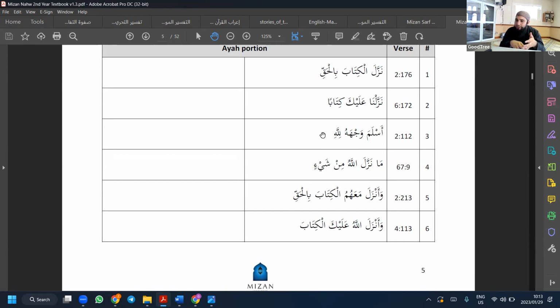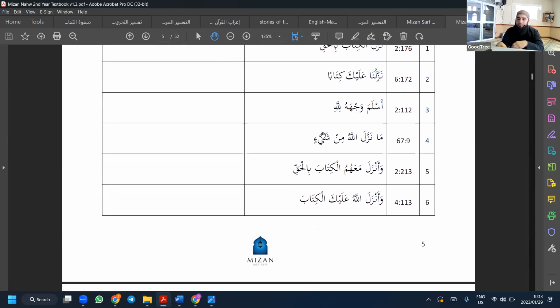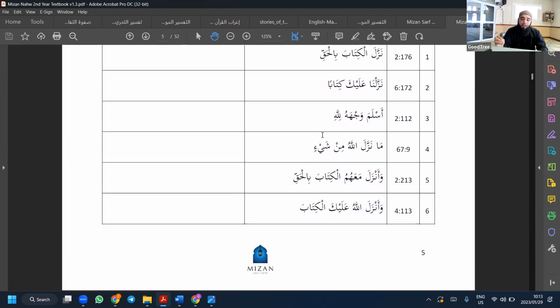We have a verbal sentence. The fa'il is inside, then the maf'ul bihi, and then we have a harf al-jarr and ism majrur. It's muta'alliq; I'll explain that another time. Okay. Next one. Aslama wajhahu lillahi.